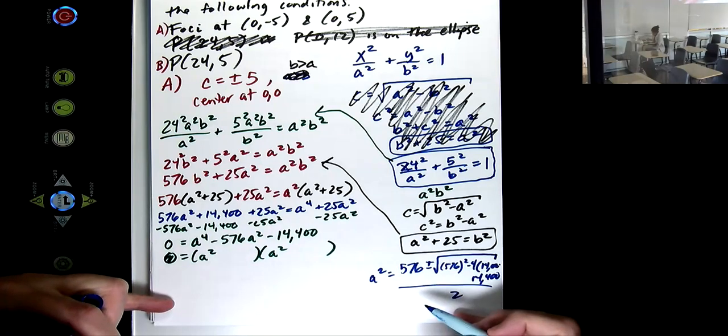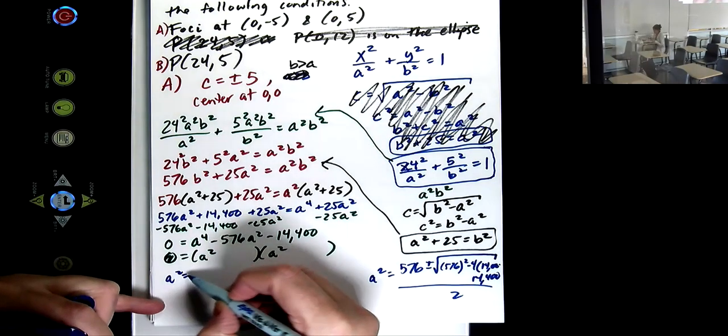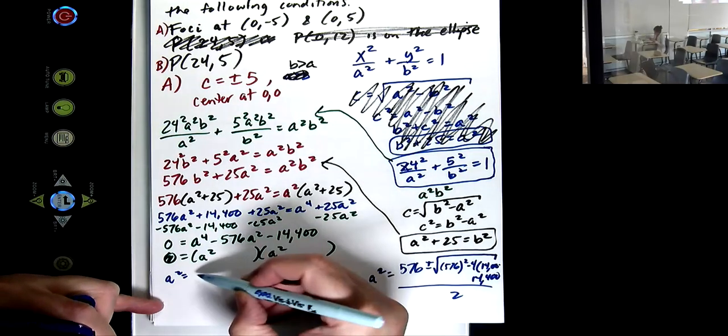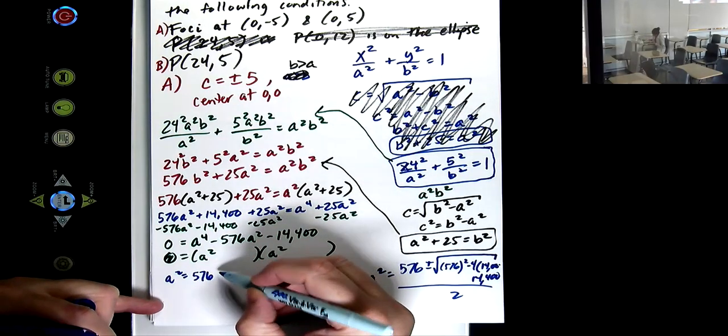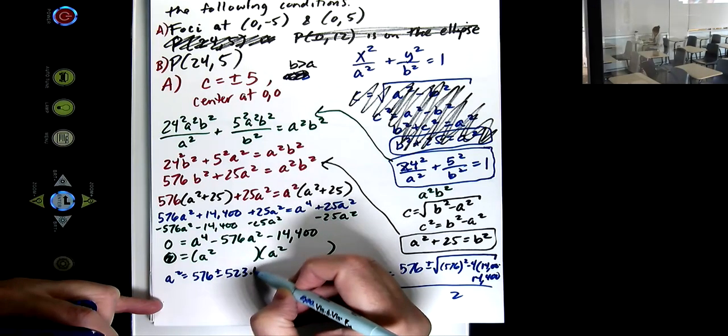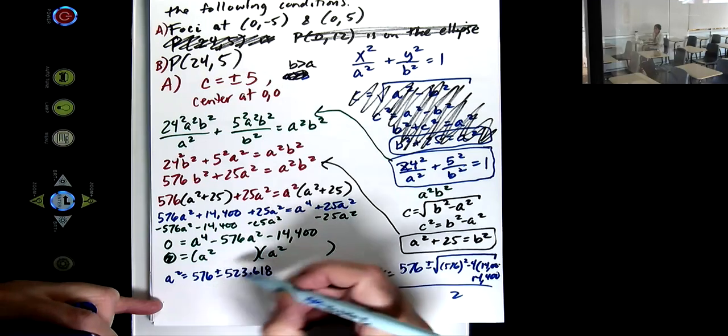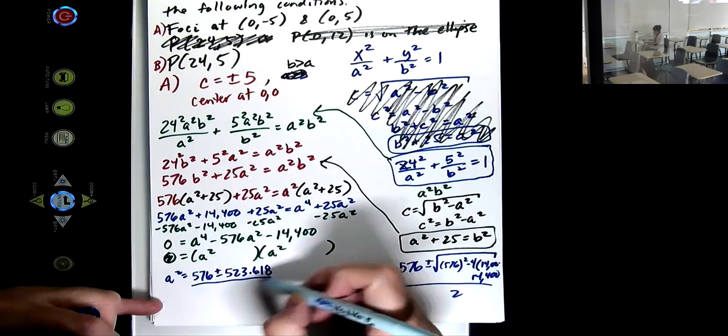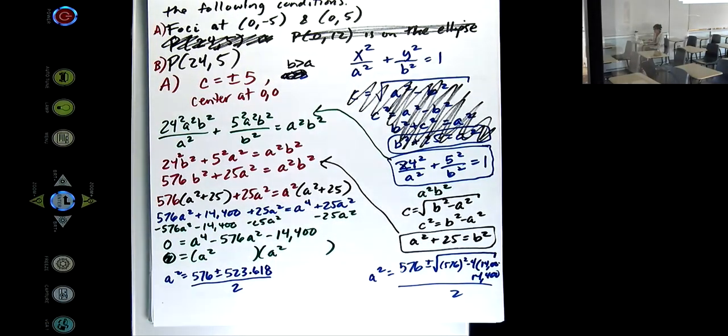Okay, I'm getting a squared equals 576 plus or minus 523.6. I can't believe this is the problem. Over 2. So let's see what the two end up being.